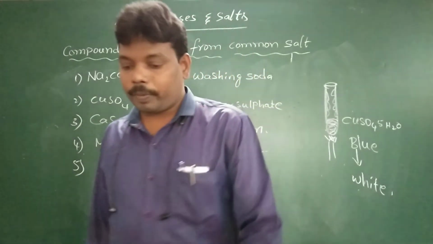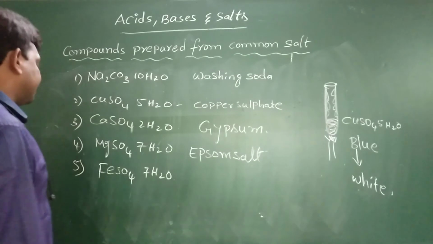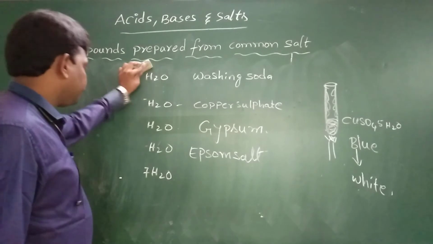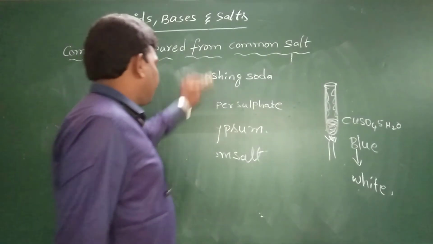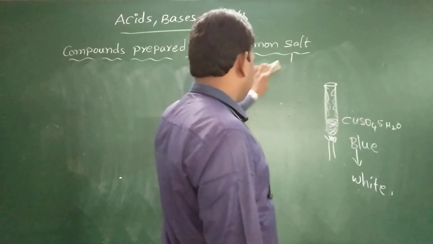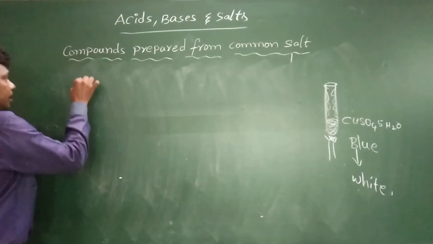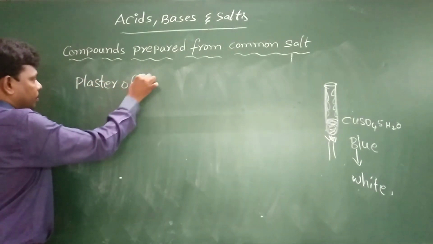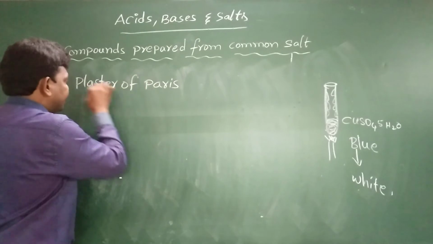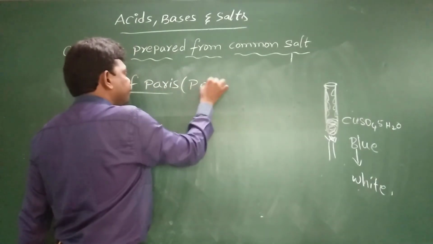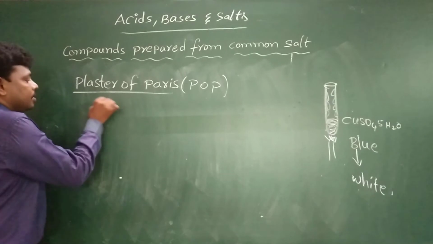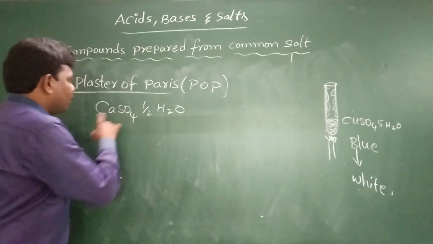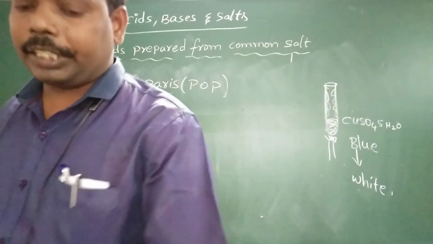The last topic is plaster of Paris. How to prepare the plaster of Paris? First, the plaster of Paris formula, POP. CaSO4 half H2O.